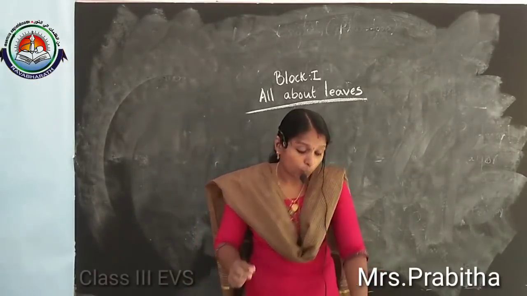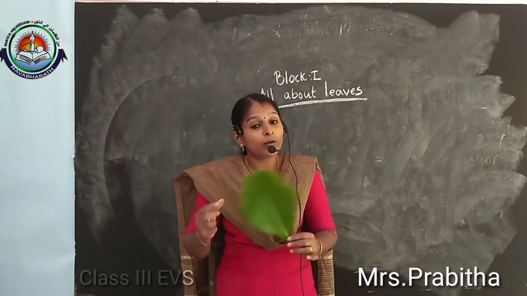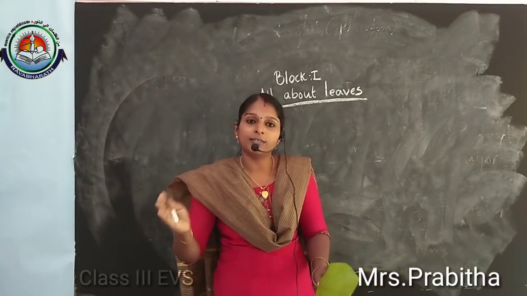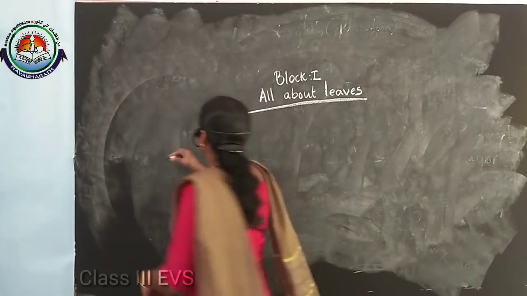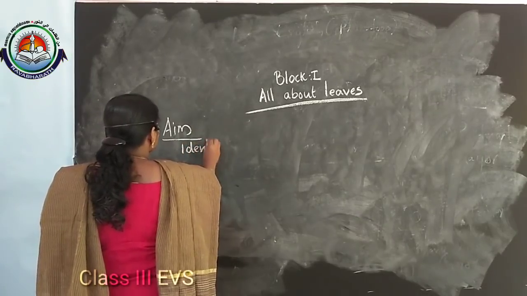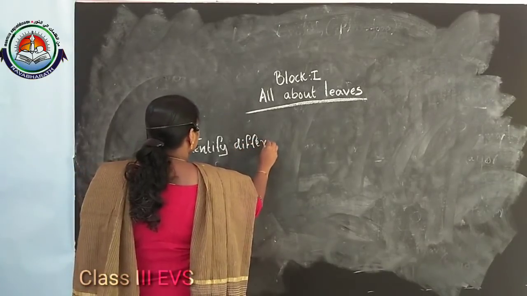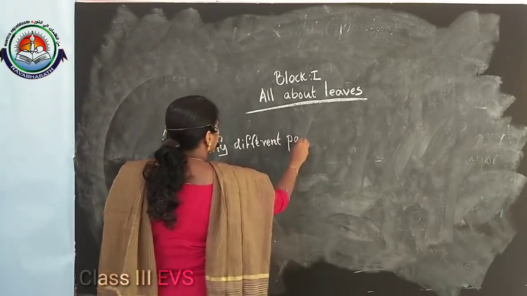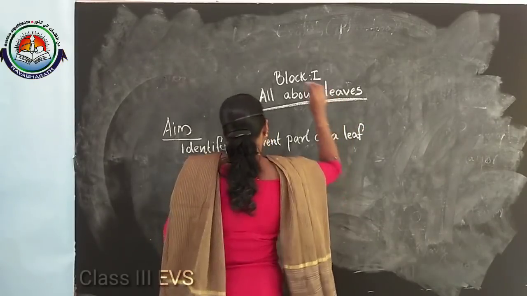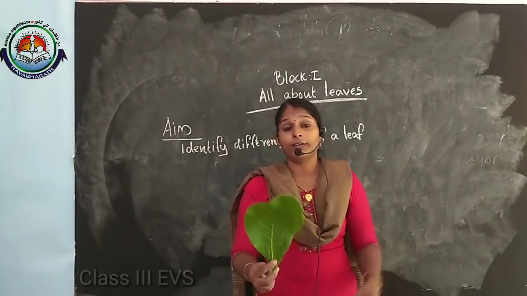In this block, first we have to learn about different parts of a leaf. Our aim of this lesson is that we should know the different parts of a leaf.